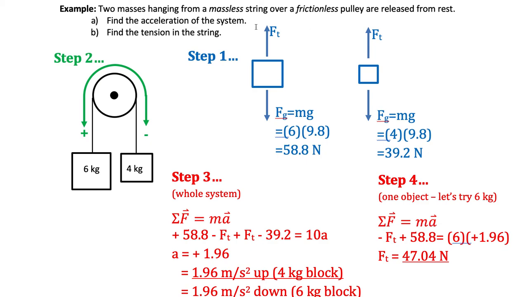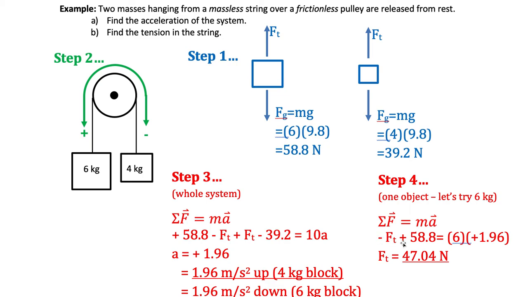So looking at my free body diagram for my 6 kilogram object, I'm going to add all the forces together. I have a 58.8. This is down, but remember, we're over on this side and we said down was positive. So this 58.8 is positive. Then I have this Ft going up, but because we're on this left side, that up is negative.